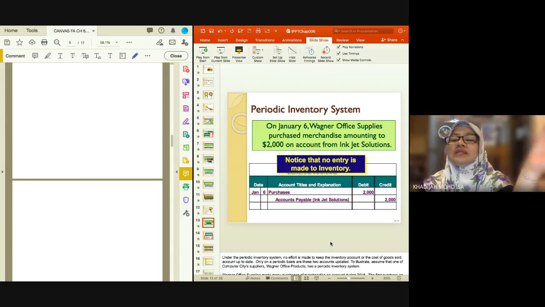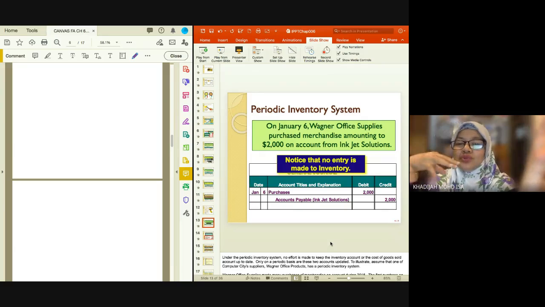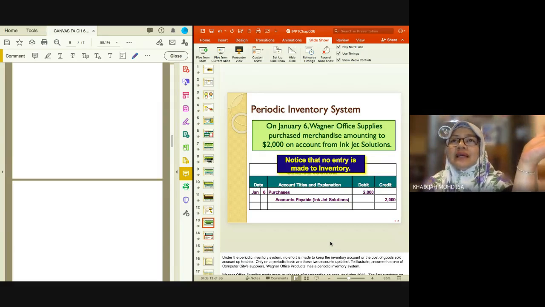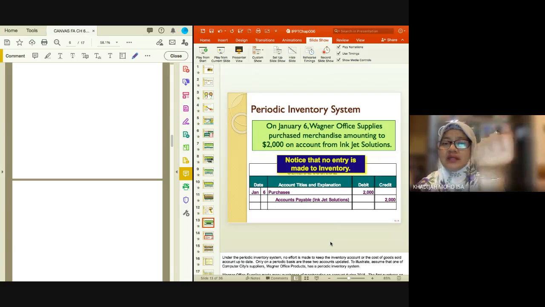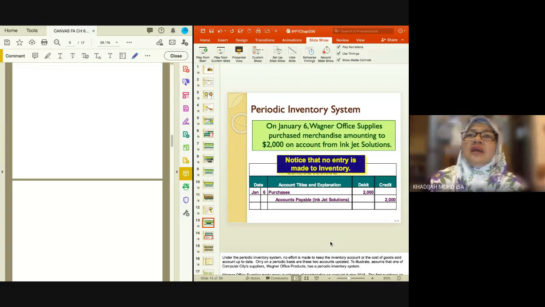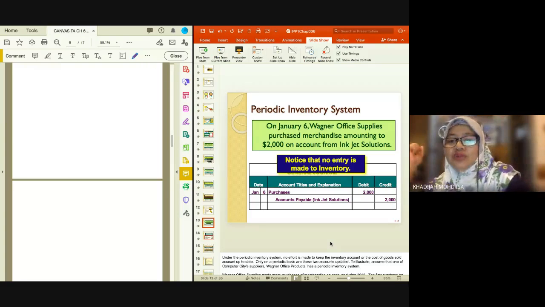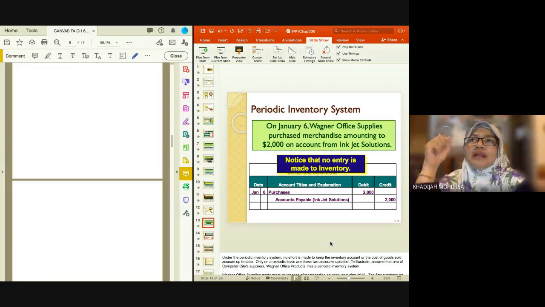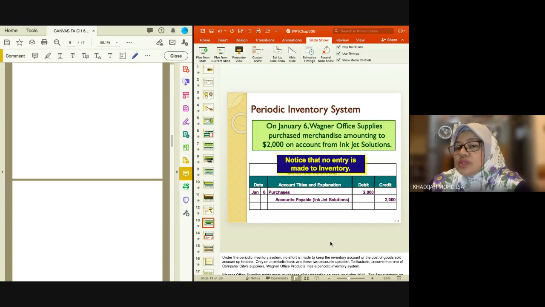So this one is more for small companies, where you do not need a computer system, and most of the time you do it manually. Remember that the goods that you sell are low cost, but there are a lot of volumes. You sell a lot of those things, but each unit has a very low cost. So in that case, you use periodic.